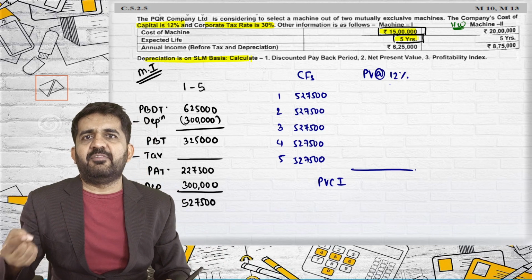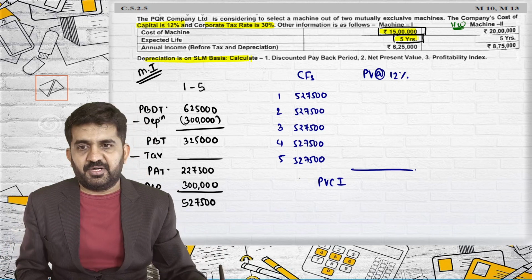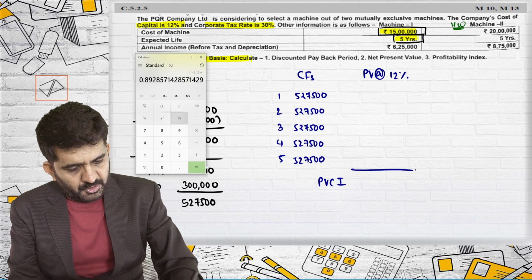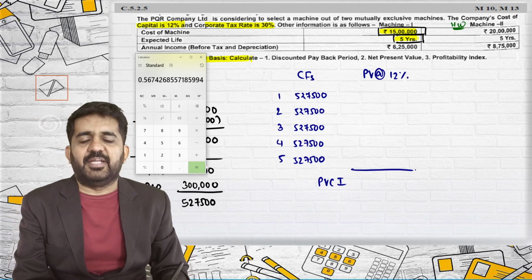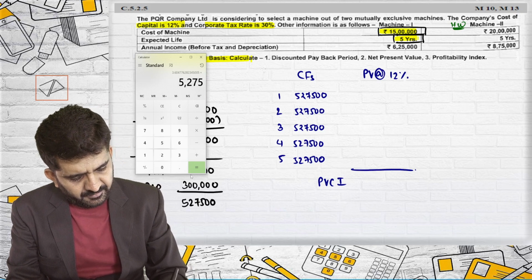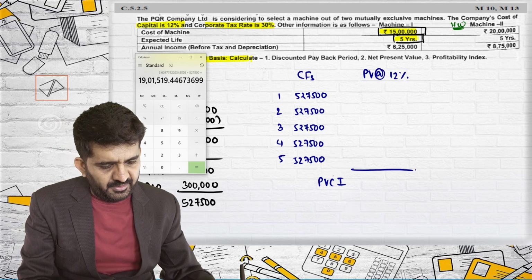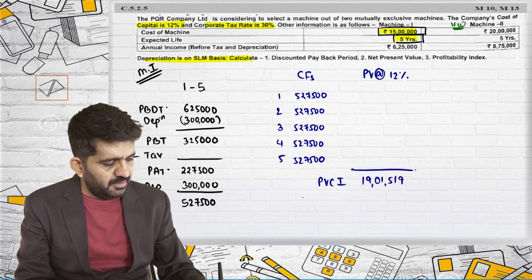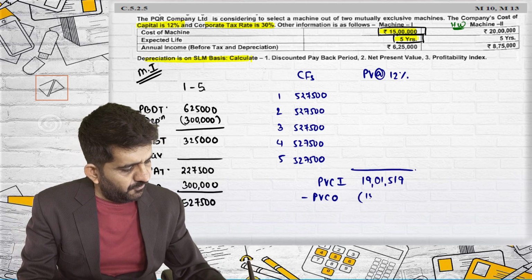Do this. 1 divided by 1.12, 5 times is equal to GT multiplied by 527,500. It is 19,01,519. 19,01,519 minus present value of cash outflow, 15 lakhs.